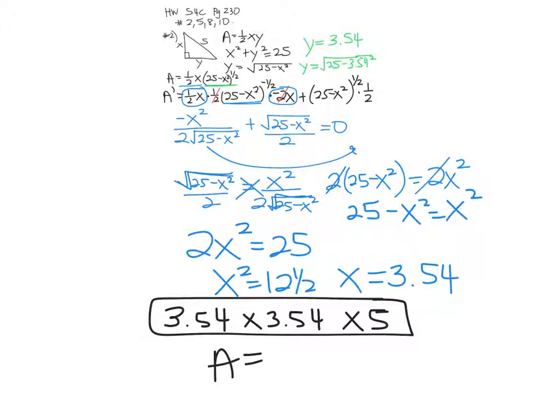So 0.5 times that answer squared. Let's see how that turns out. Oh, and when you keep that in your calculator, when you do 0.5 times that answer squared, you get exactly 6.25. So pretty. Okay, so that's the answer to number 2.